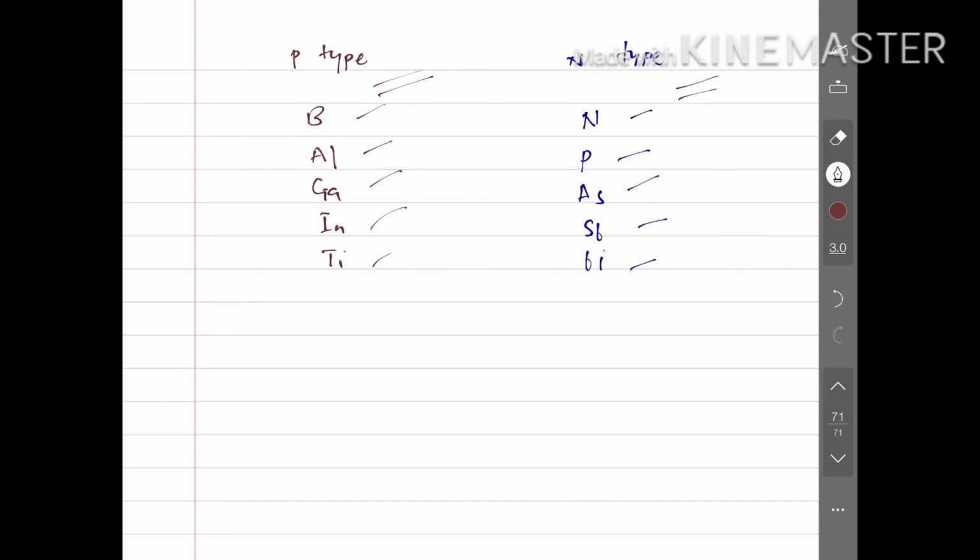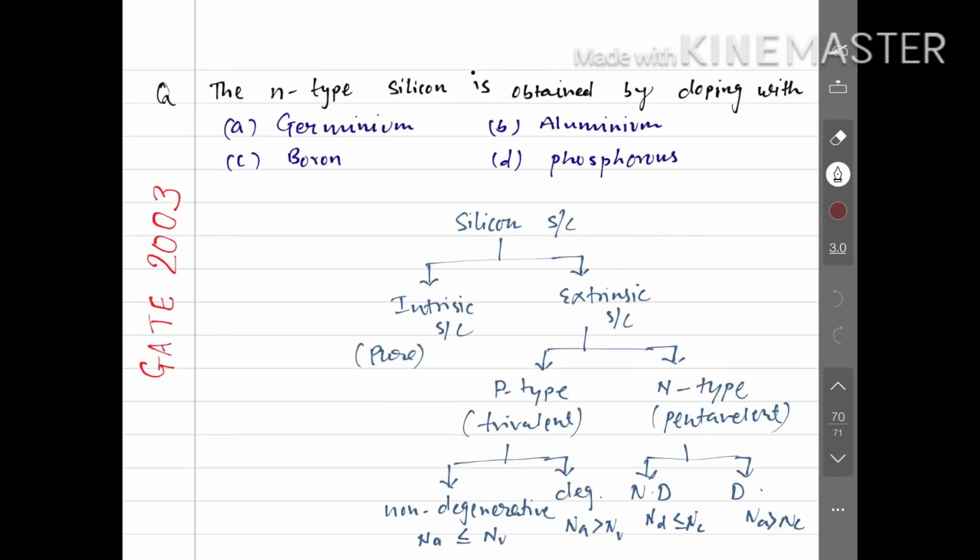Now we'll go to the question and see which material is given for n-type. The question asks: n-type silicon is obtained by doping with which dopant? The options are A germanium, B aluminum, and C boron.